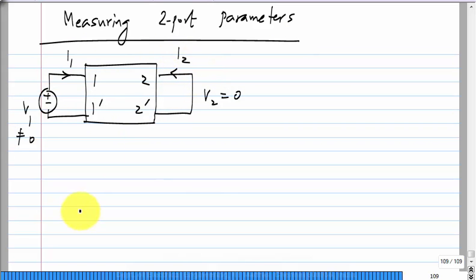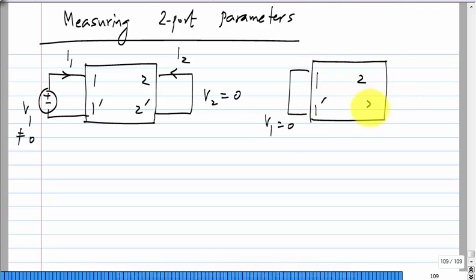Okay. The other cases, these values will be different in these places.